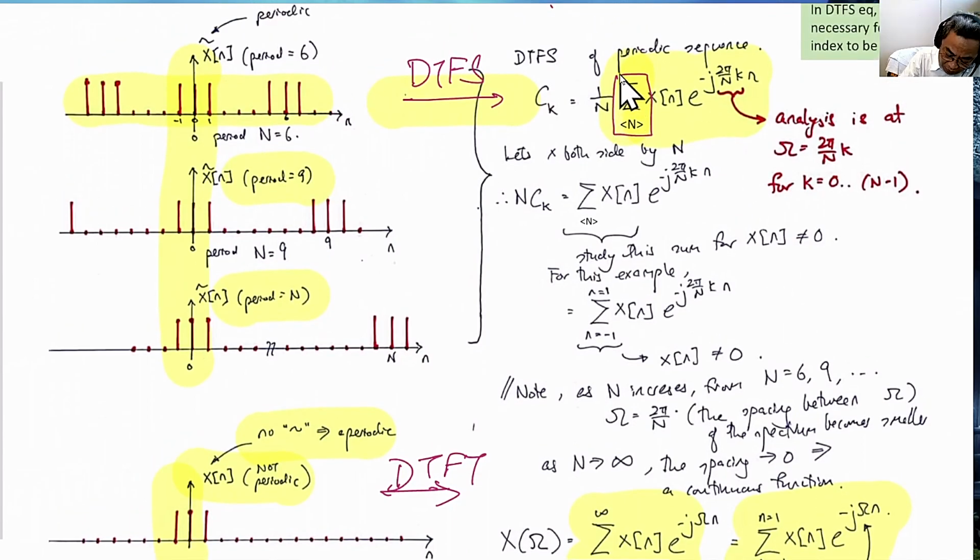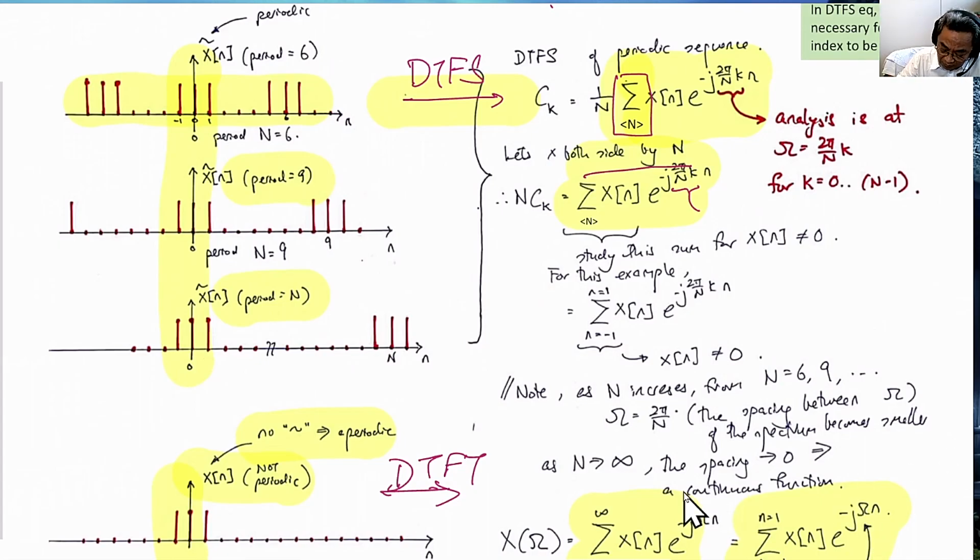So once you realize that, isn't it obvious that when we move N across here, N c_k is equal to this particular equation, and this particular equation is the DTFT of the aperiodic signal for the correct omega. Of course we have to choose what omega we want to use, and the DTFS is always 2 pi over N times k, while in DTFT omega is continuous.